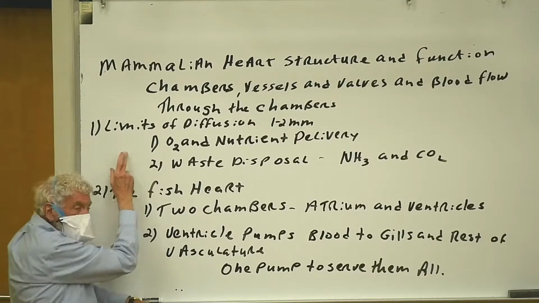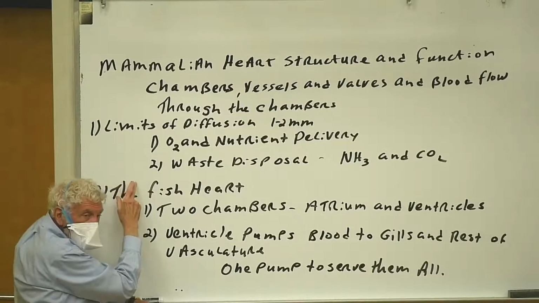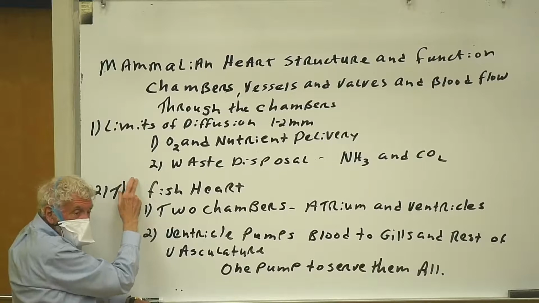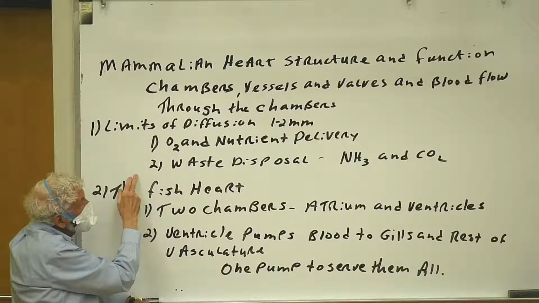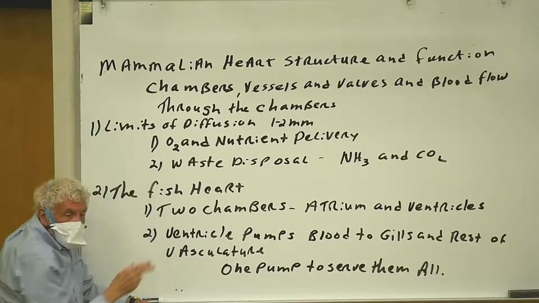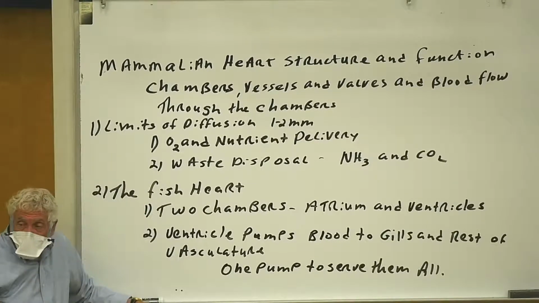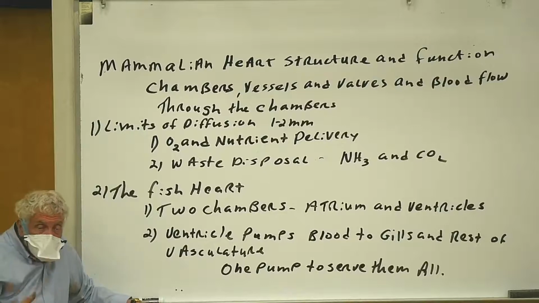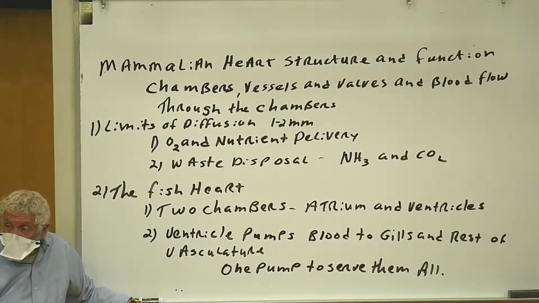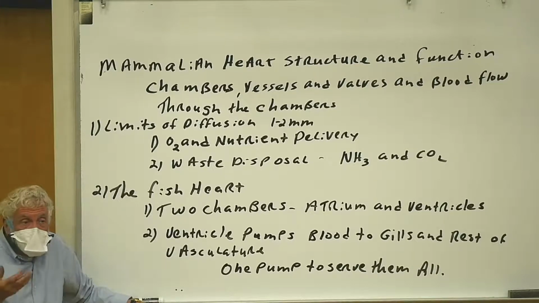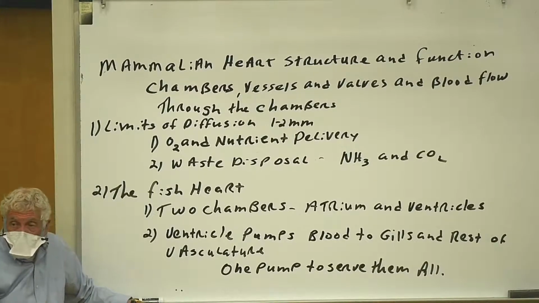But once you begin to expand an organism beyond a couple of cell layers or a single cell, we have to do something about moving nutrients and oxygen to those cells. A rule here is that the distance of diffusion that can keep a cell alive is only about 1 to 2 millimeters.